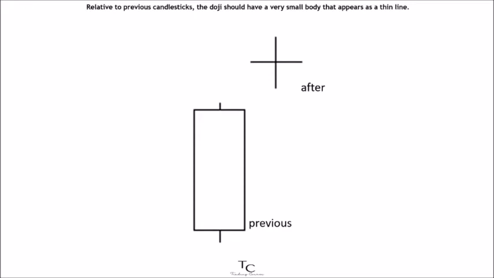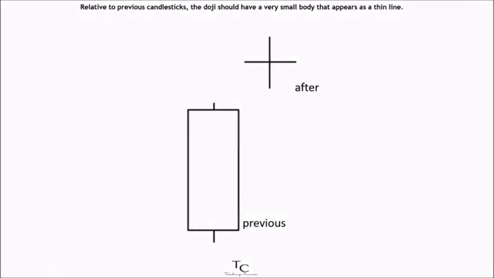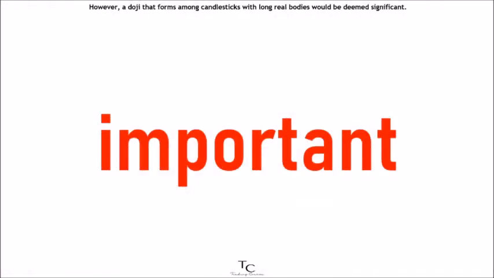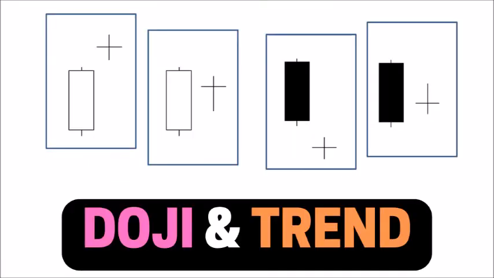Relative to previous candlesticks, the doji should have a very small body that appears as a thin line. Stephen Nissen notes that a doji that forms among other candlesticks with small real bodies would not be considered important. However, a doji that forms among candlesticks with long real bodies would be deemed significant.